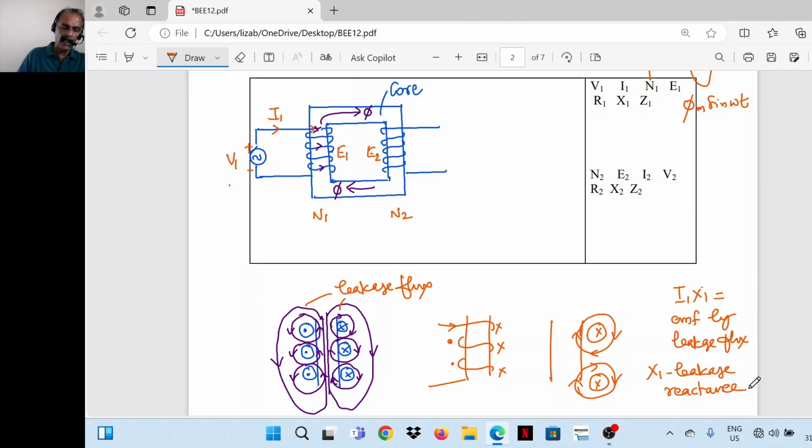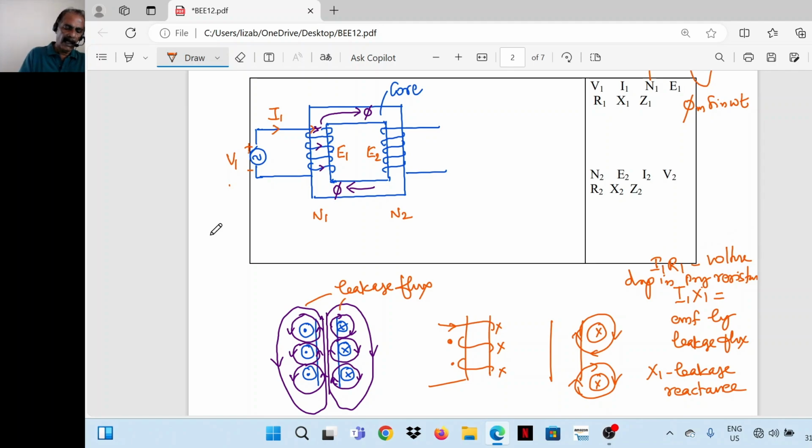So the applied voltage on the primary side is V1. The primary winding will have resistance R1, so there will be a voltage drop in the resistance, which is I1 R1, the voltage drop in the primary winding resistance.